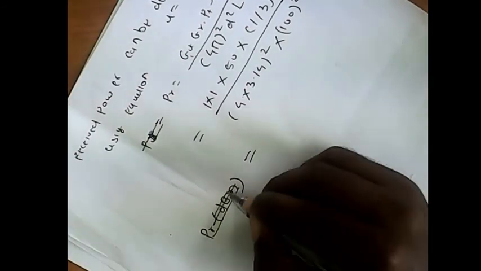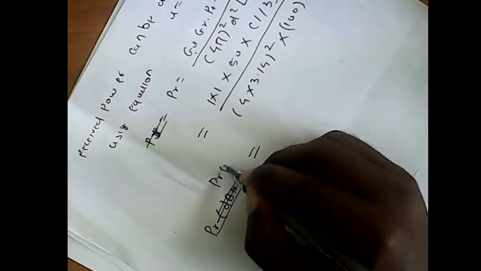So PR, if we calculate, comes out to 3.5 into 10⁻³ milliwatt.